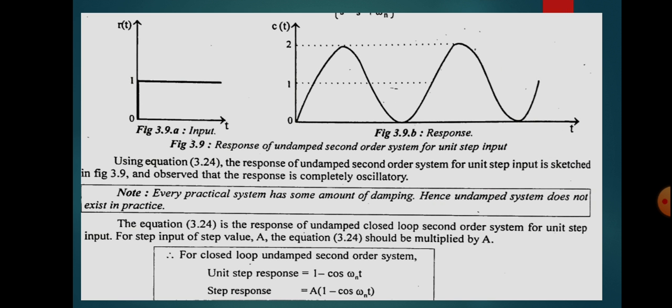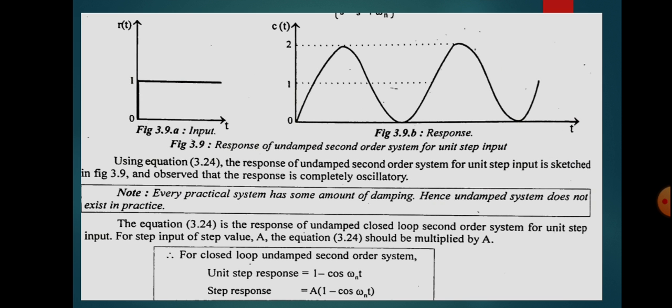So that means every practical system has some amount of damping, hence an undamped system does not exist in practice. And here we can see that an undamped oscillation is obtained at the output, but it is not practically possible.